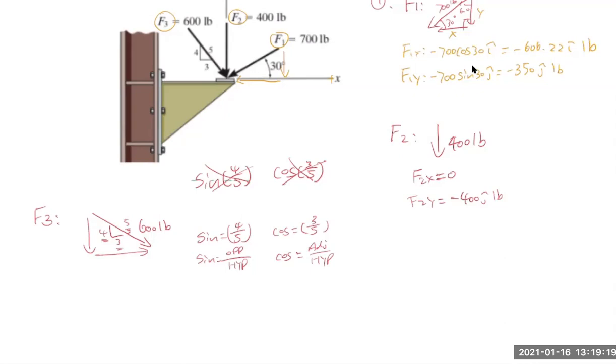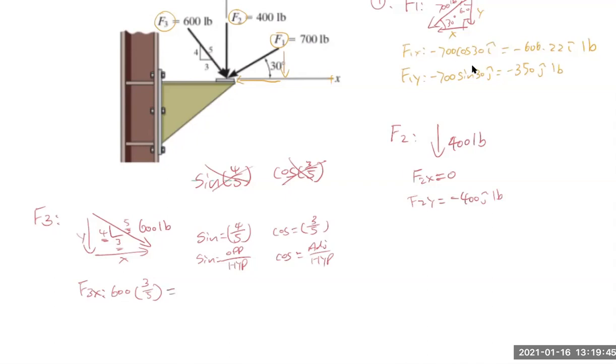Okay, so let's begin to find the F3x. F3x is going to be equal to the 600-pound force times its cosine component, 3 over 5. And guys, as we know, this x is going in the positive x direction, so this is the positive 600, 3 over 5.